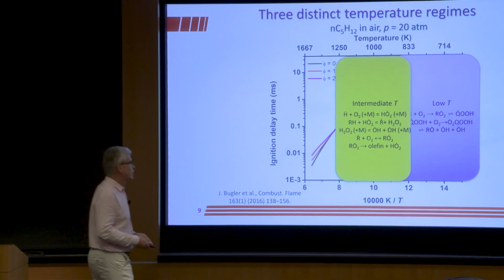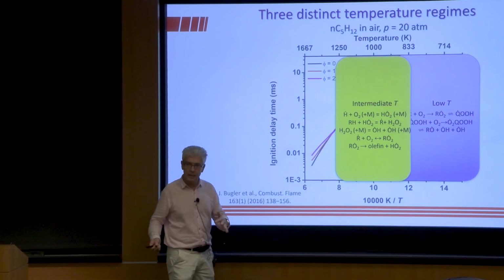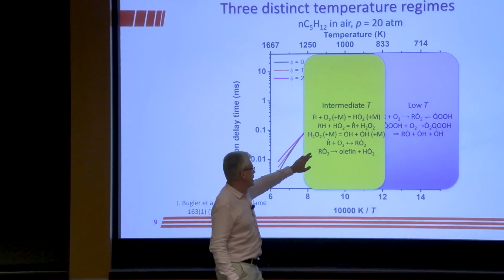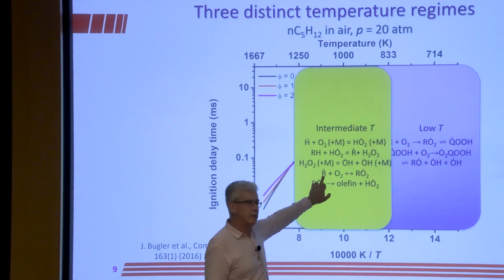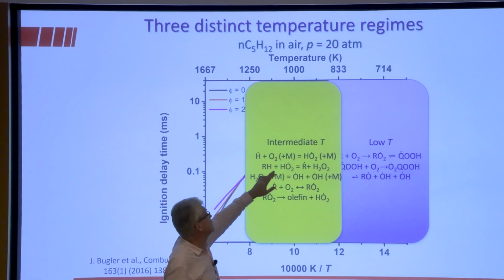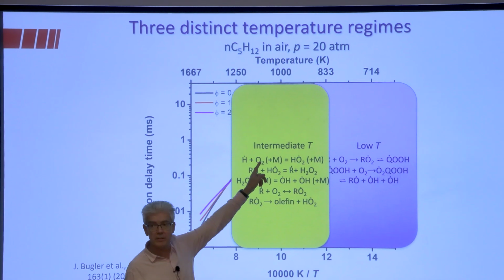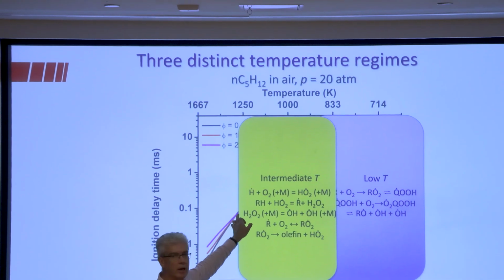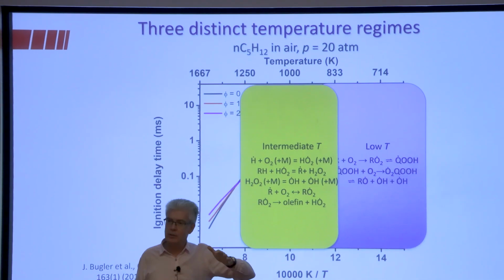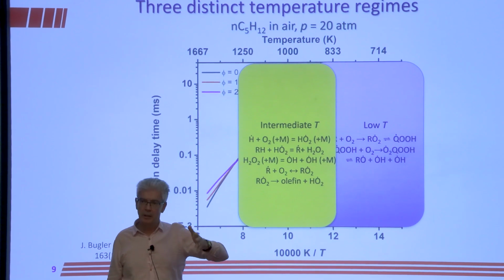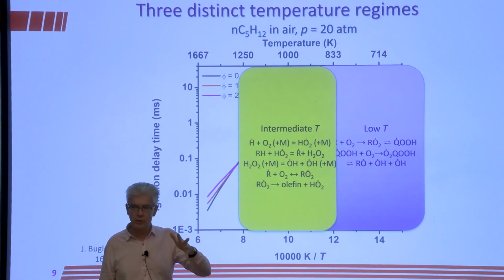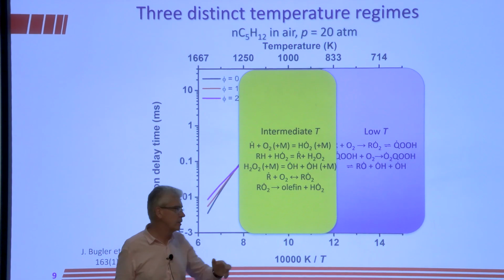I'll show this in a slide a little later. So once you get to 1250 Kelvin at 20 atmospheres, and this turnover occurs at a slightly different temperature depending on the pressure, and there's a plot I'm going to show you a little later that shows this.